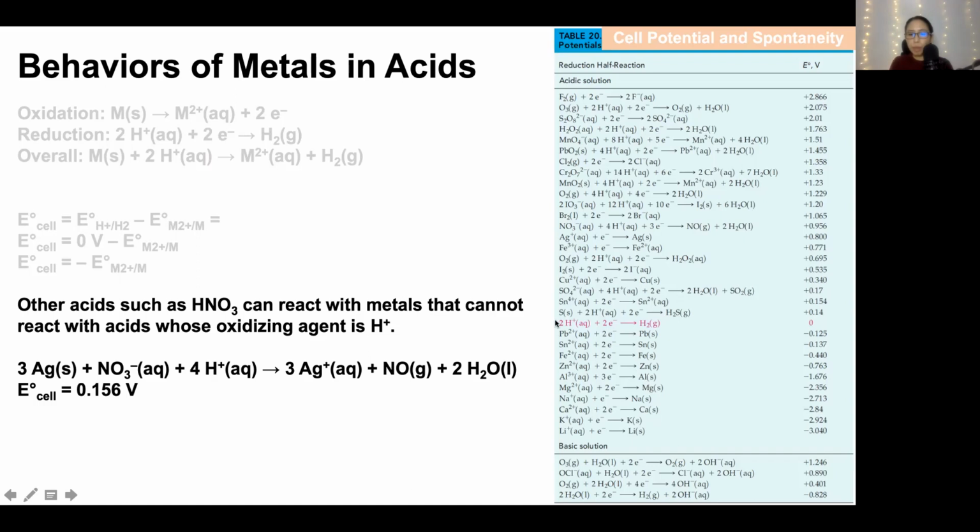So our reduction half reaction is this one, negative 0.125, minus our oxidation half reaction, which is the reverse of this, since the aluminum is oxidized. So that would be minus negative 1.676. There you go. The standard cell potential is positive, which means solid aluminum can displace lead 2 ions.